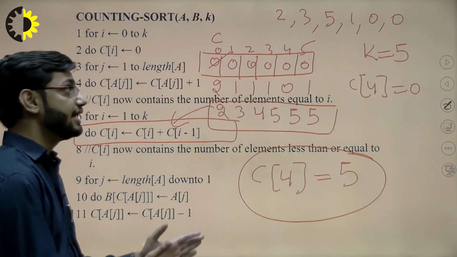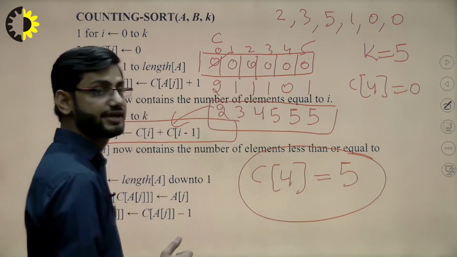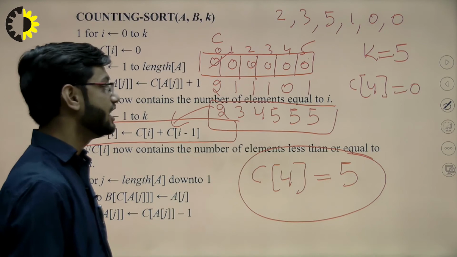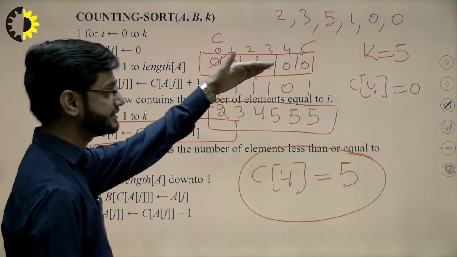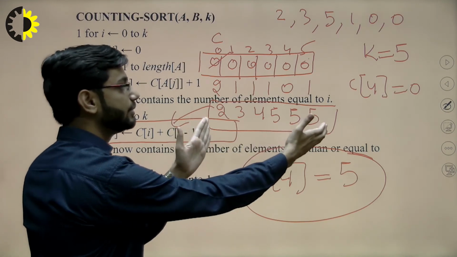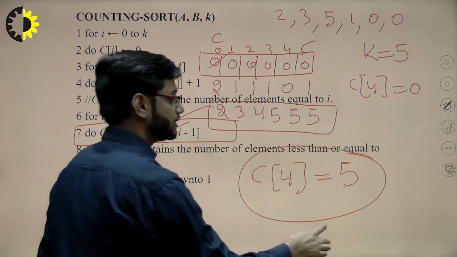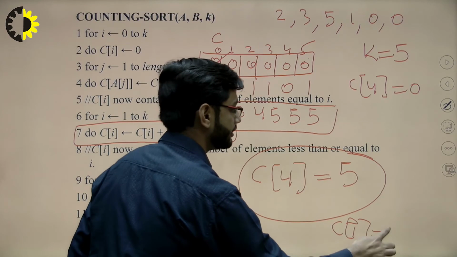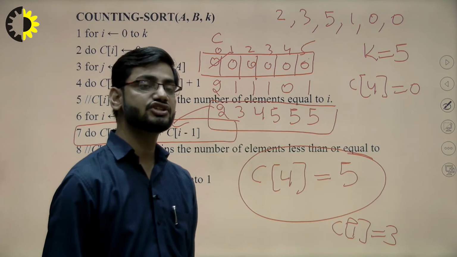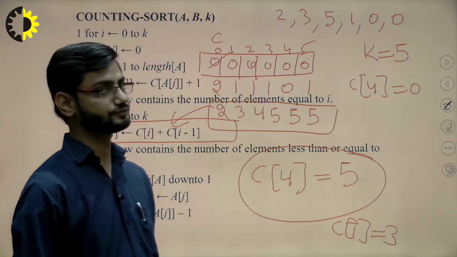It means that in my input array A, I have a total of 5 elements which are less than or equal to 4. Clear? Earlier the array C was storing the frequency of the elements; now I am storing the cumulative frequency. For example, if the value of C[1] is 3, what does it mean? That there are a total of 3 elements which are less than or equal to 1 in the input array A.